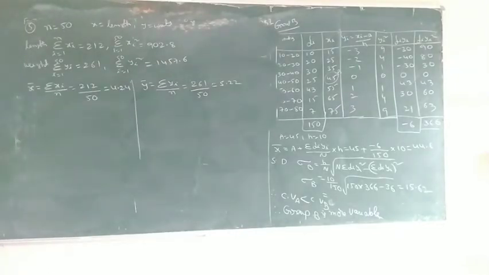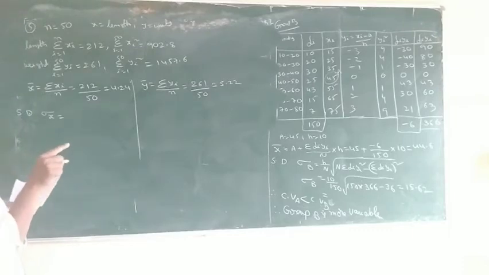So standard deviation. What is the formula? This is ungrouped data, so the variance formula is Σ(xi minus x bar) whole square by small n.